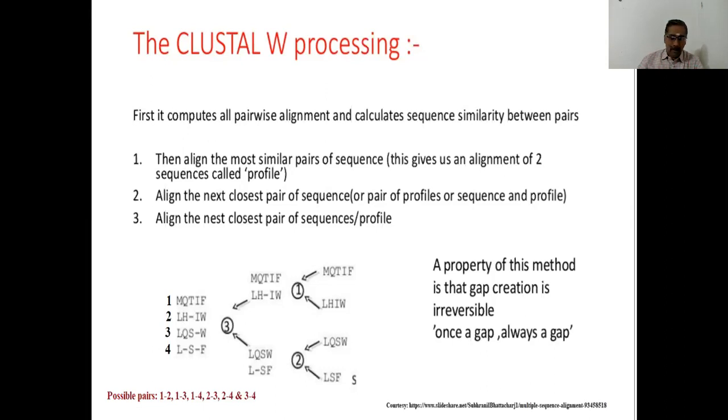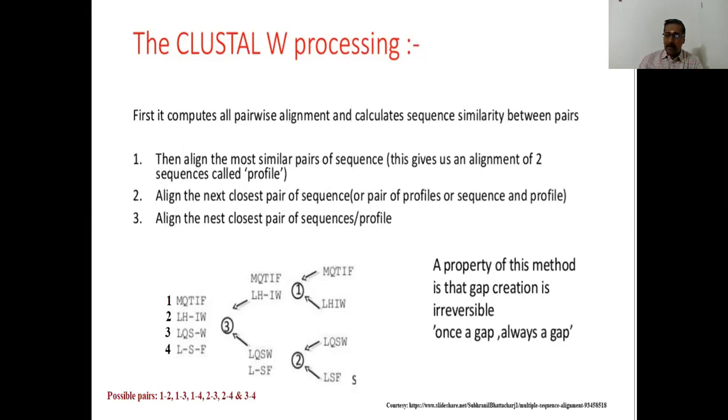So now here you see, if you go for the third sequence, that is LQS, by incorporating one gap, you can add to the existing pair. Whereas if you go for the fourth sequence, L, S, and F, you have to incorporate 2 gaps.